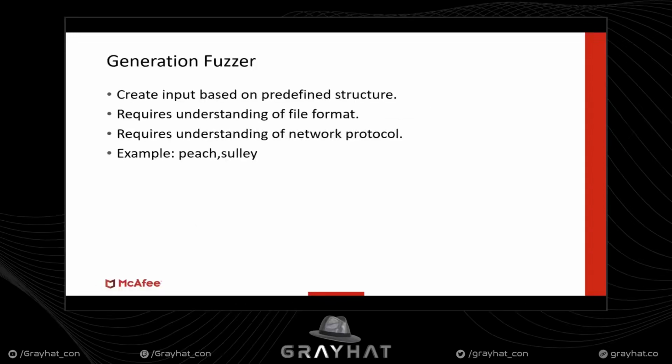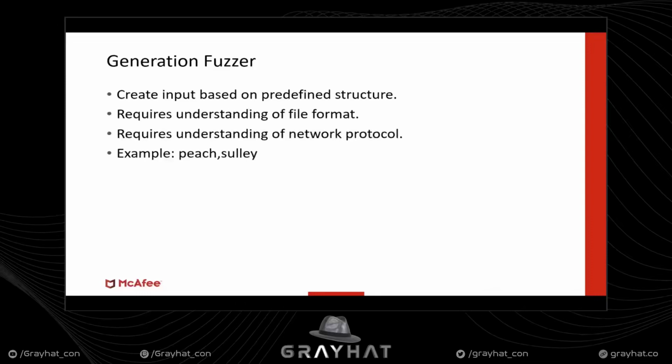As we have discussed, a dumb fuzzer generates random inputs, and in some cases they may not be very effective, because if the program is checking for a particular file header or a particular type of network packet, then the input generated by the dumb fuzzer will be discarded. Generation fuzzers are useful in that case because they generate input based on predefined templates.